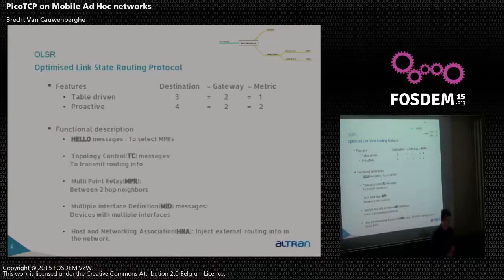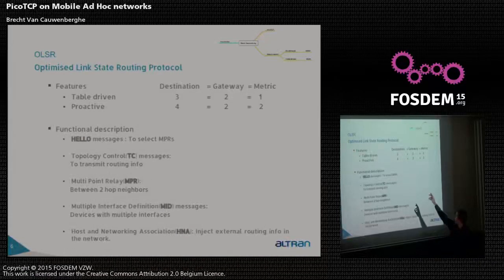So one of the table-driven ones is OLSR, which is the optimized link state routing protocol as described in RFC. And it will actually build the tables proactively before they will need to send data.